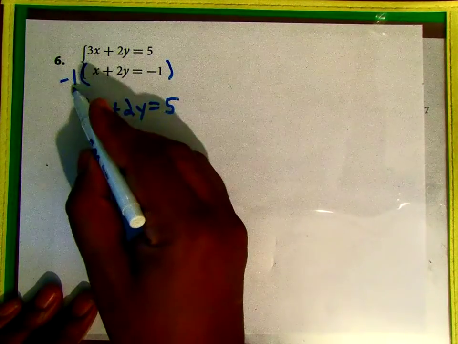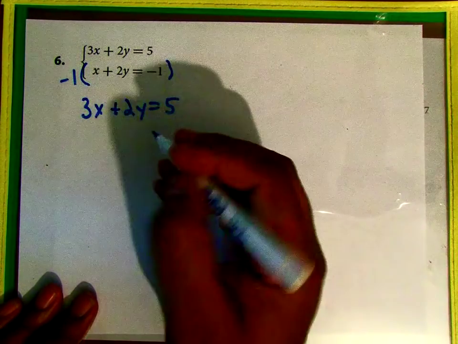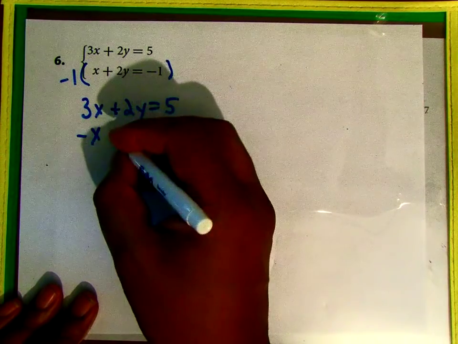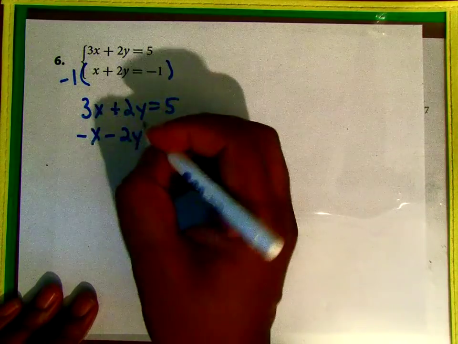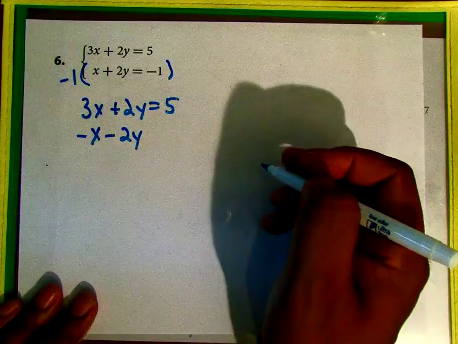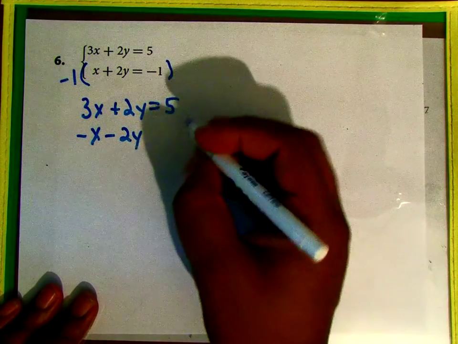And now I'm going to multiply negative 1 times x here, and that's going to give me negative x. Negative 1 times 2y would be negative 2y. And negative 1 times negative 1 would be positive 2. I'm sorry, positive 1.